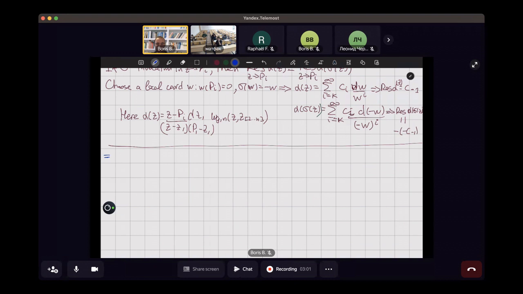Okay, and then let me again rewrite this blue line as follows. Maybe instead of these, let me write g of sigma of w z1.